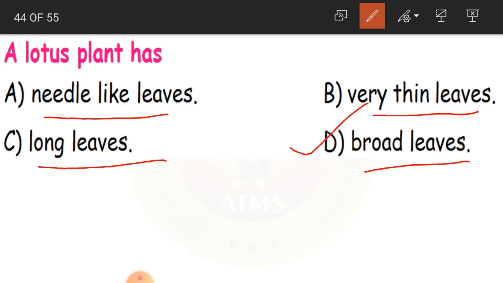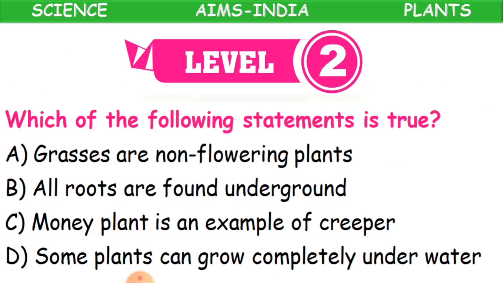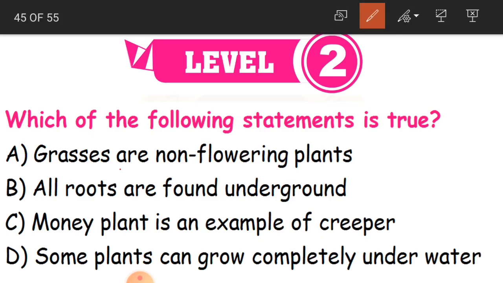Okay. The next question, the level 2 questions, children. Which of the following statements is true? So we have to find out which of the following statements is true. The first one is grasses are non-flowering plants.